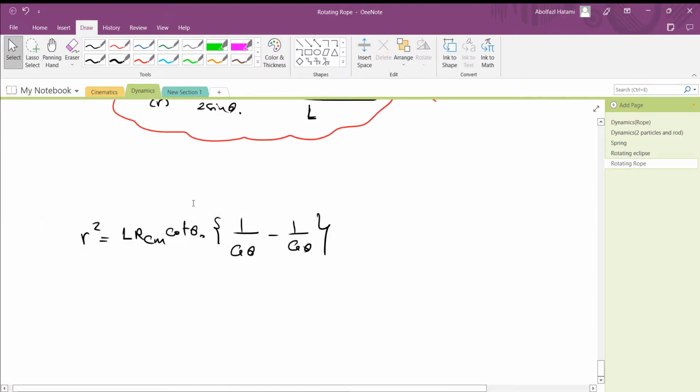As you can see here, the cosine of theta is always positive, when you move along the rope, and it is a minus term.